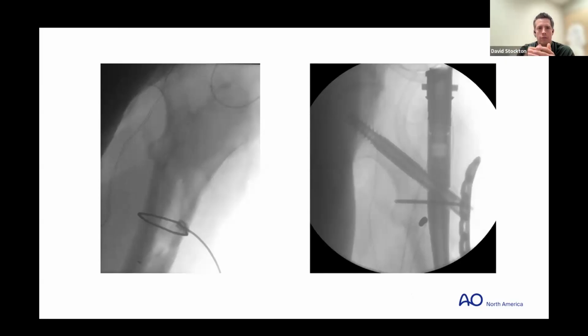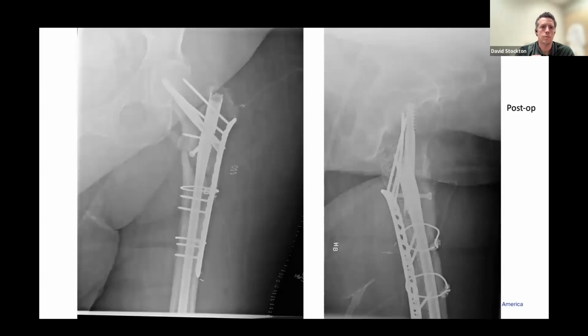And I did neutralize or use a bit of a tension band plate to counteract some of those varus forces on the lateral aspect of the proximal femur, as a bit of insurance, or belt and suspenders approach. So that was what we ended up with post-operatively.